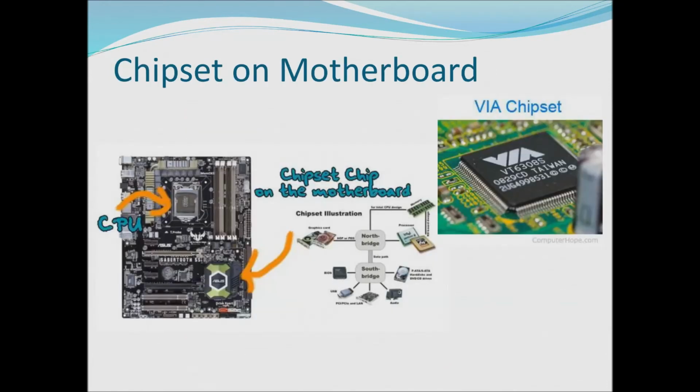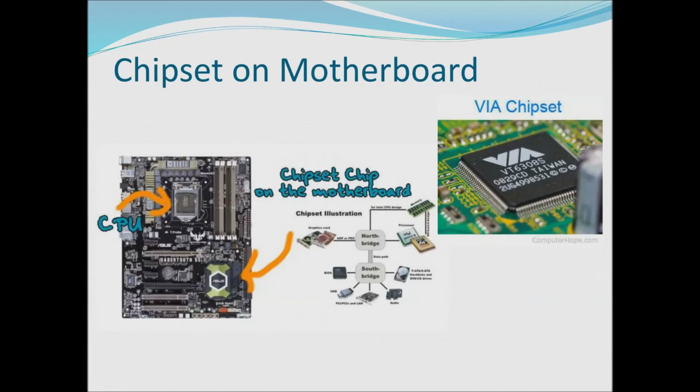The most important component on the motherboard is the chipset. Then what is meant by chipset? In a computer system, a chipset is a set of electronic components in an integrated circuit that manages the data flow between the processor, memory and peripherals. It is usually found on the motherboard.